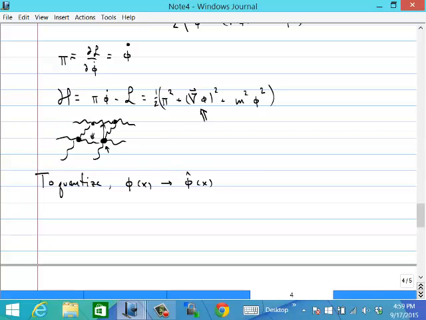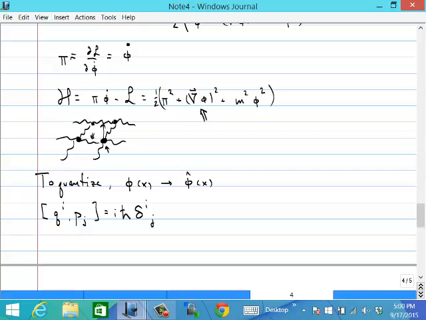So the first thing that we have to do is write down the canonical commutation relations that are going to be obeyed by our degree of freedom phi and the conjugate momentum pi. So remember, we're being motivated by a system with a finite number of degrees of freedom. So if we have a system with a finite number of degrees of freedom labeled by some index I, then the canonical commutation relations take that form.